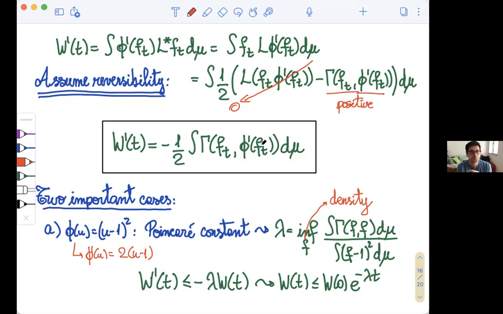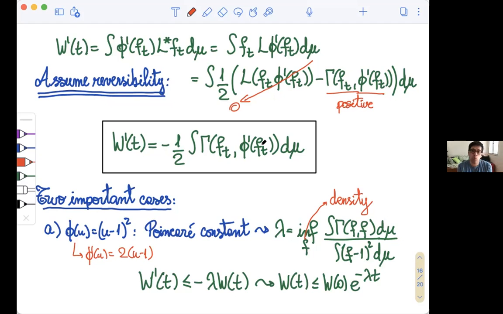So for example, if you look at the literature about mixing times, the mixing time of a Markov chain is defined starting the Markov chain from the least favorable possible case. You want to know how much time it needs to get to the stationary measure, the invariant measure, starting from the worst possible case.